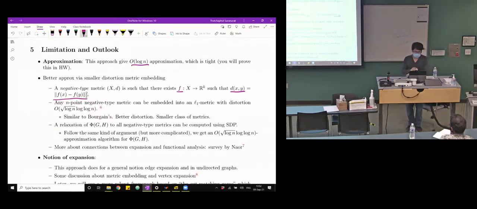Doesn't matter that much, but the point is that there is a version of Bourgain's theorem, something similar but with better distortion. It says that if you have any negative type metric, then you can embed it into L1, but now with square root log, a bit better.